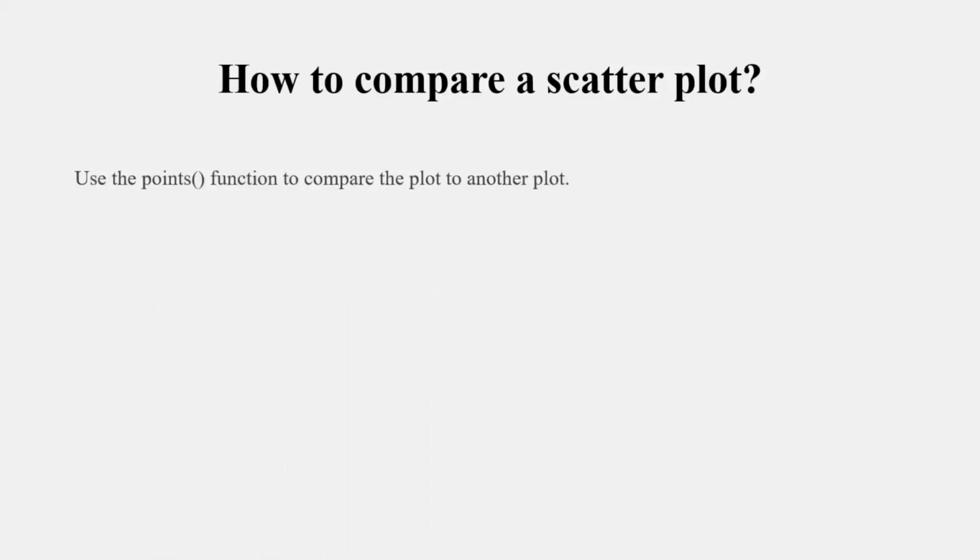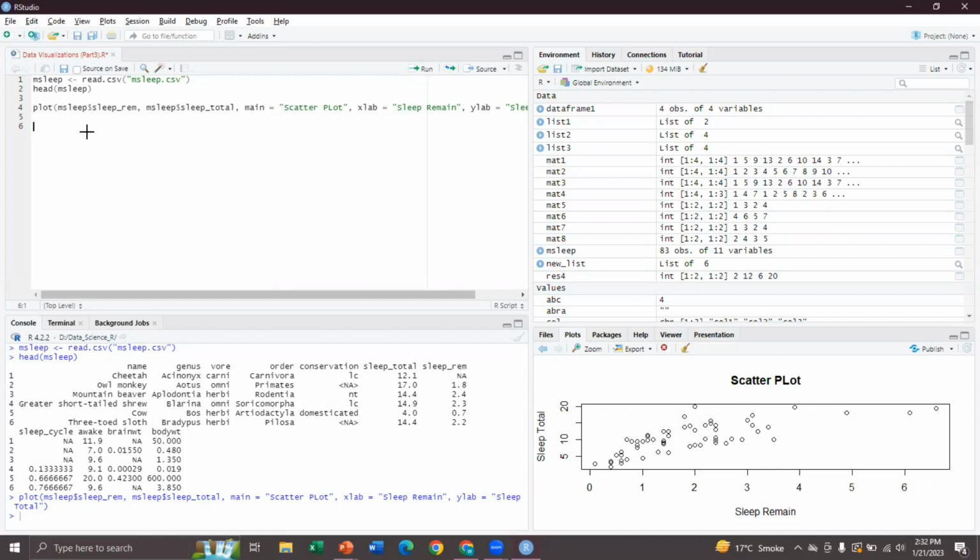Now how to compare a scatter plot. Use the points function to compare the plot to another plot. Let's see what it actually means. So first of all, let's say there is a gambler who wins during the gambling, and what he won has some random values such as 50, 100, 30, 9, 40, and 65. And he lost some money during the gambling, such as 10, 20, 30, 9, 40, 9, and 59.